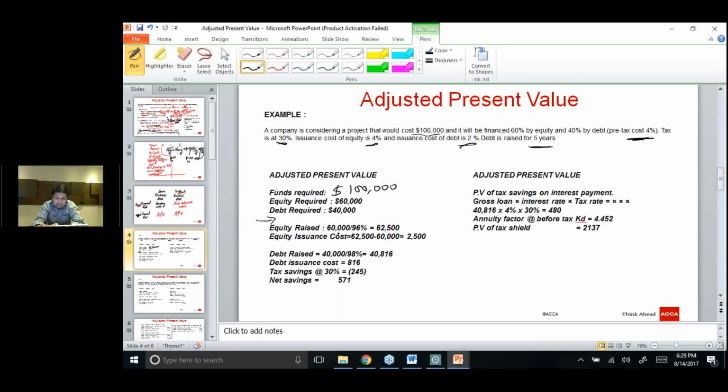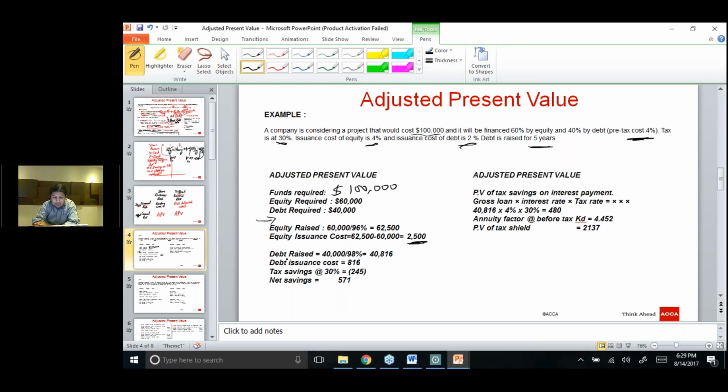So I have taken the gross up value of 96%, which is $62,500. The issuance cost is $2,500, because out of $62,500, $2,500 is for the issuance cost, and the remaining $60,000 is for the initial cost.